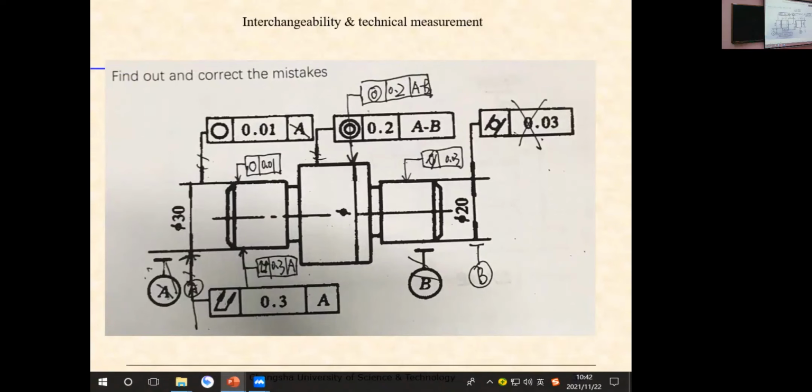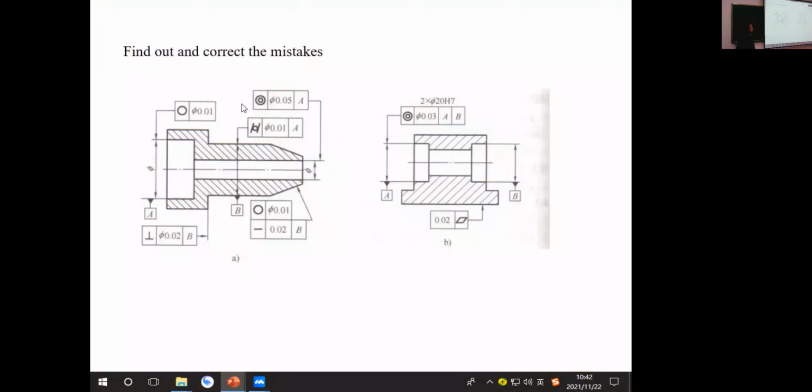No datum here. And this one. If you don't know how to do that, just check the book from page 80 to 100, 102.